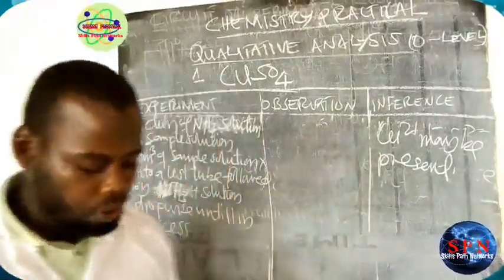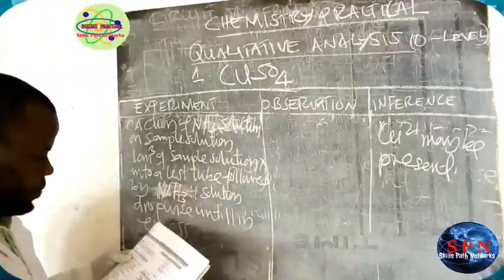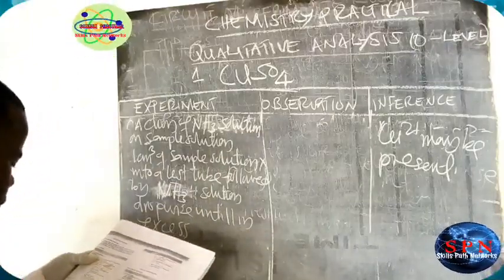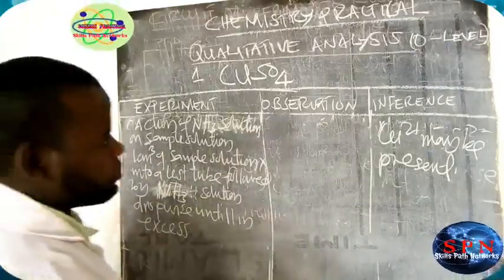So according to the sheet here, it is a pale blue precipitate.